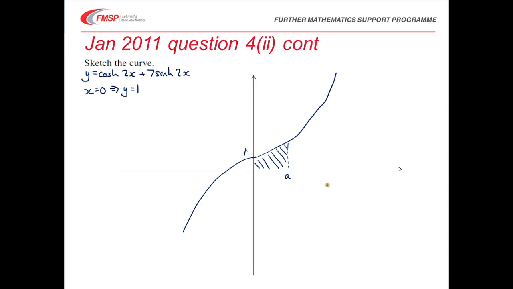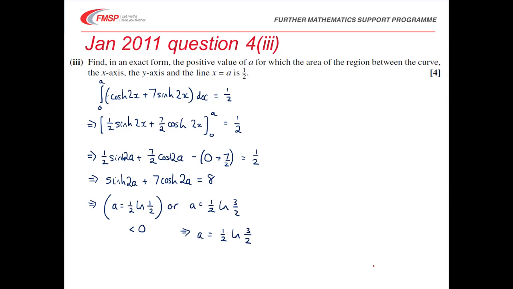For the sketch, there's one mark for a curve, the correct general shape, and a positive gradient throughout. So in other words, noting that there were no 0 gradient points. And another mark for going through the point 0, 1, but it's dependent on the previous mark. And finally, a method mark for attempting the integration and an accuracy mark for doing it correctly.